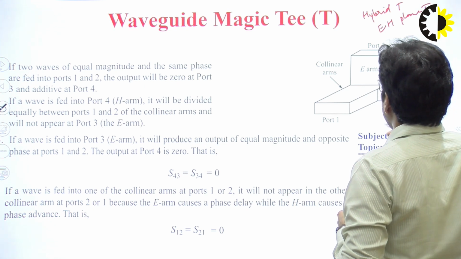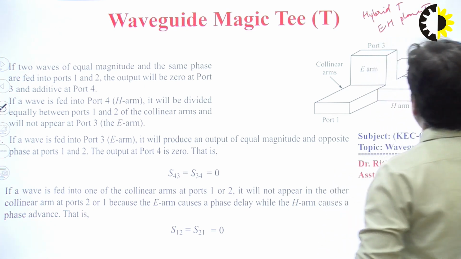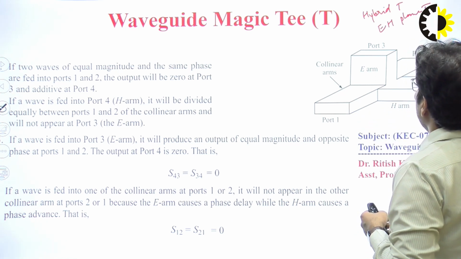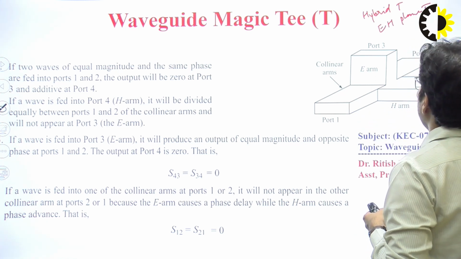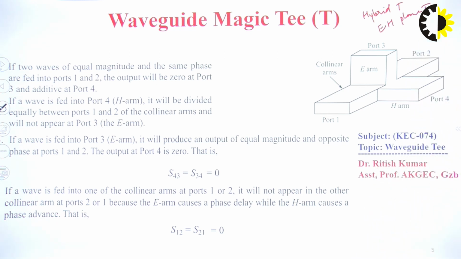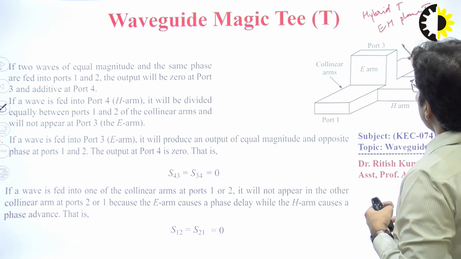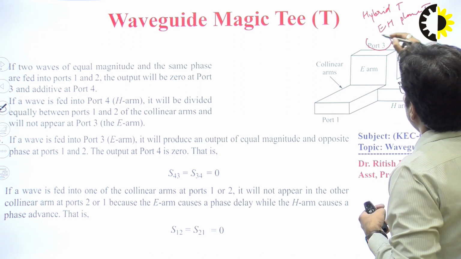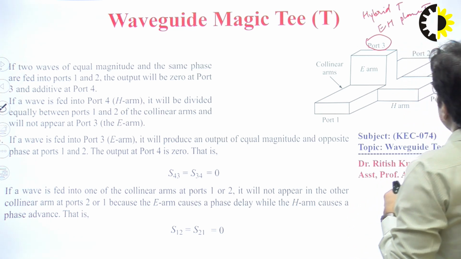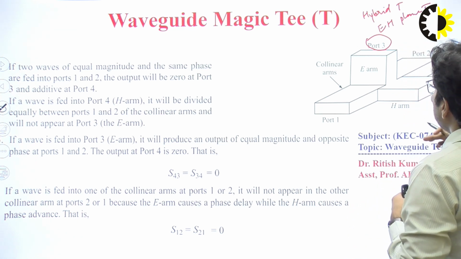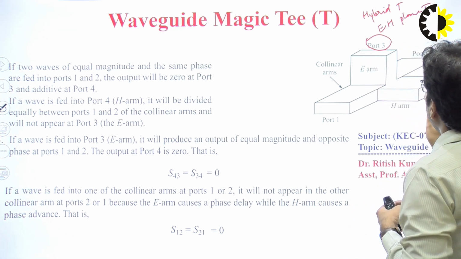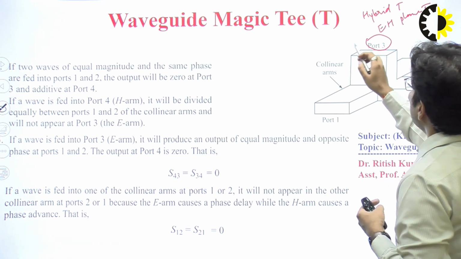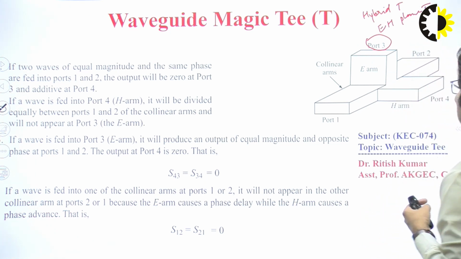So in the case where I apply the signal at port number 1 or port number 2, in other words port number 3 and port number 4, what will happen in that case? Suppose we apply the signal at port number 3, so this is an E arm. In other terms, we can say that this E arm is perpendicular to the H arm. So these two ports are cross coupled with each other.